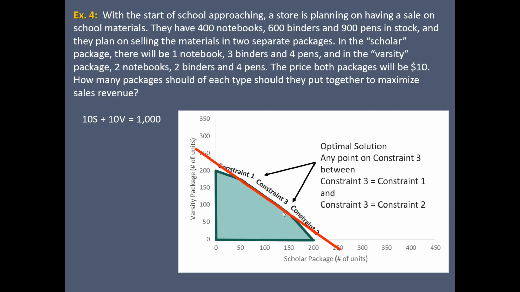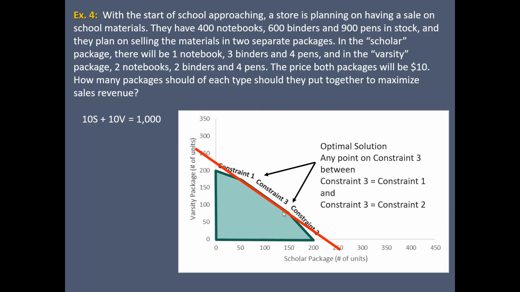This gives us an ability to make a decision based on some other factor. Maybe I want to get rid of more pens than I want to get rid of notebooks. So within all of those possible optimal solutions, I will choose the solution that can get rid of the most pens for me. When we have alternative optimal solutions, we actually have increased flexibility in our problem.